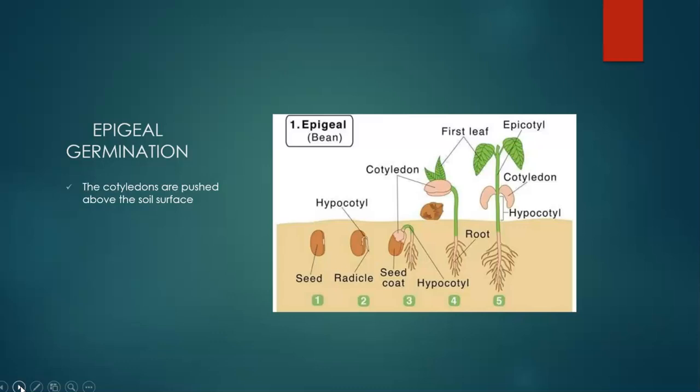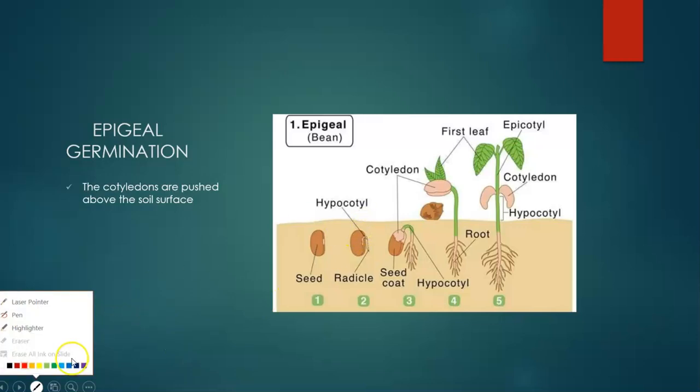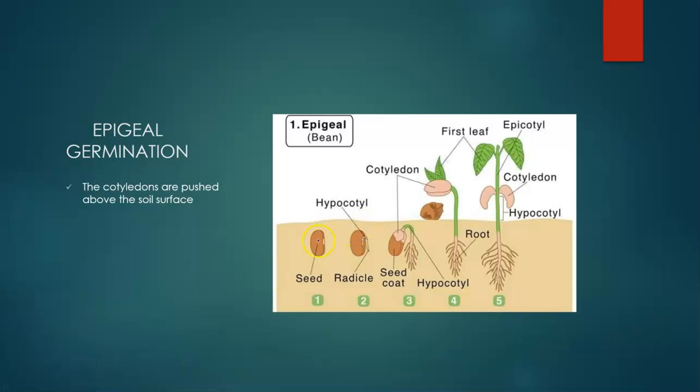You can see it on my diagram here. Let me come here with a blue pen. This is the seed, and this one is the hypocotyl. Then the cotyledon here is pushed above the soil, meaning the soil is mainly downwards, but the cotyledon has been pushed above the soil.